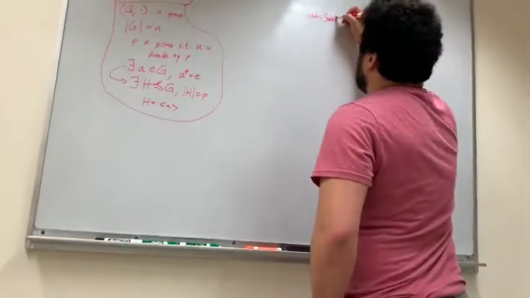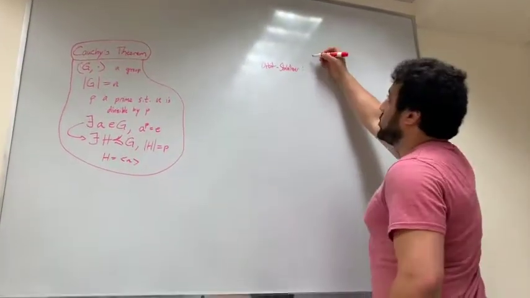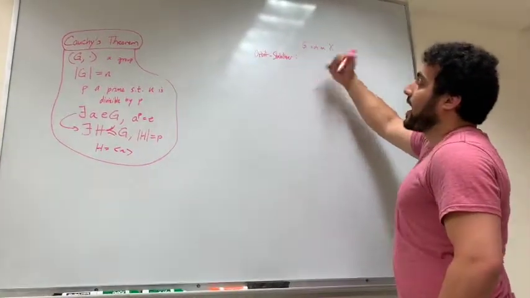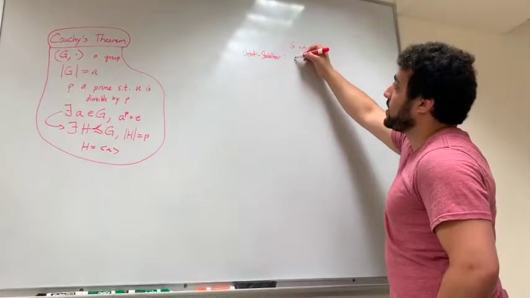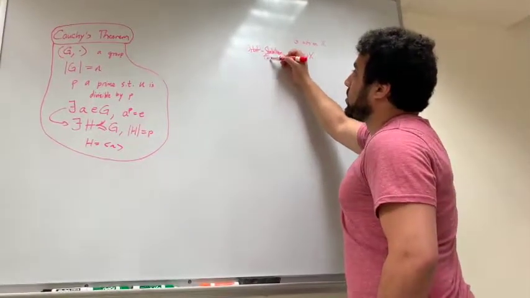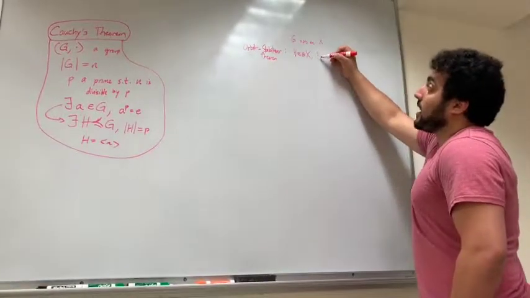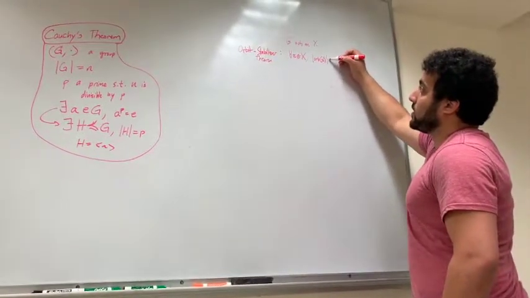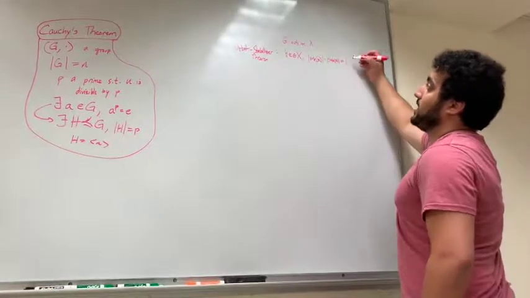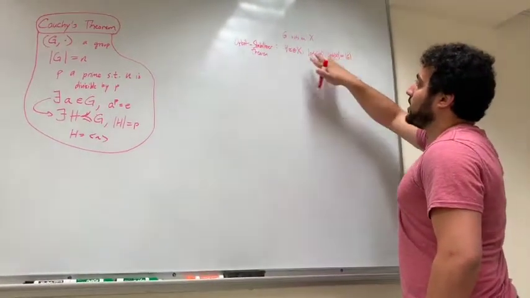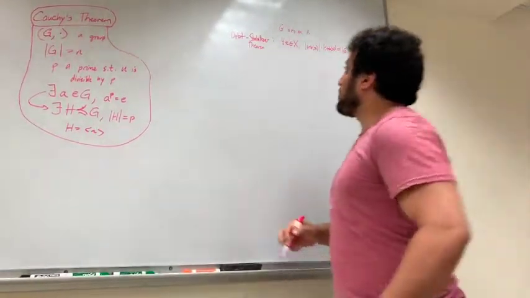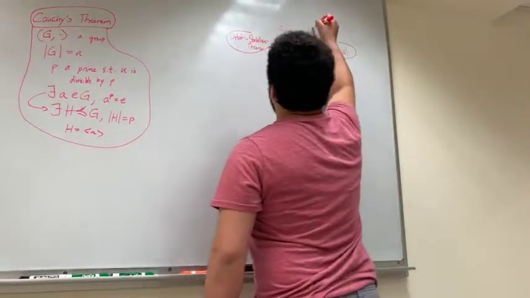It says that if you have some group G acting on some set X, and take any element of X, little x, so for all little x in big X, the size of the orbit of x times the size of the stabilizer of x equals the size of the group that's acting on X. So it's a connection between these, which are all elements of X, and this, which is G. This is going to be the thing that we'll use in the proof.